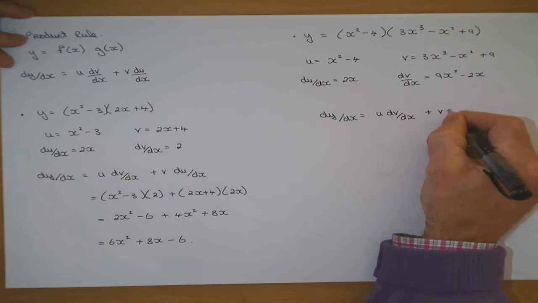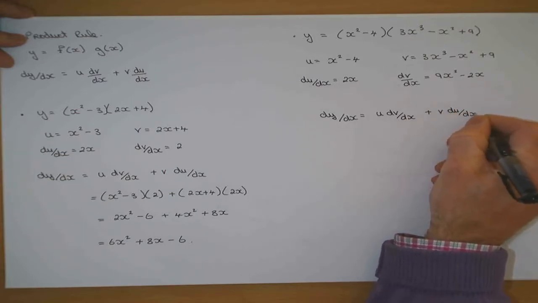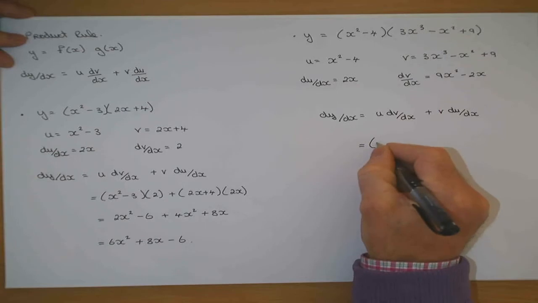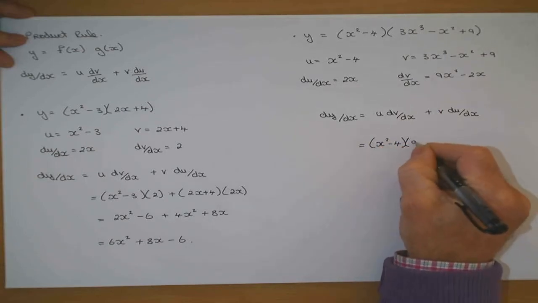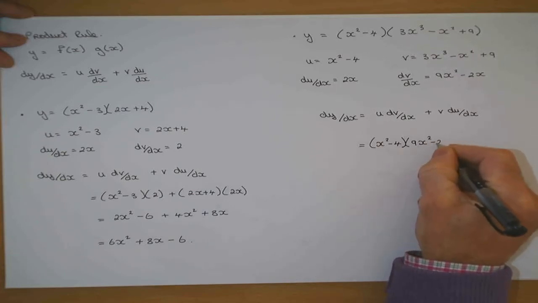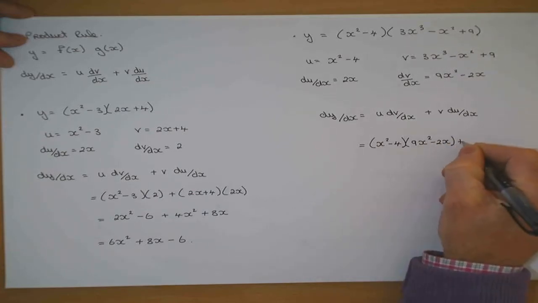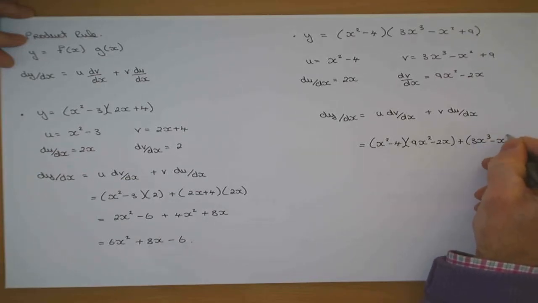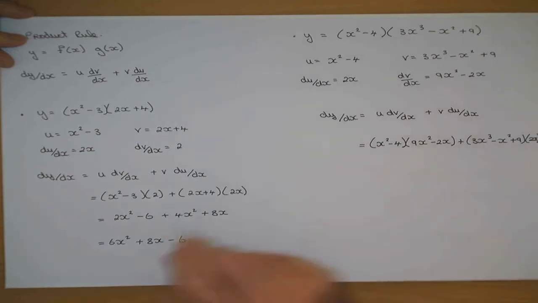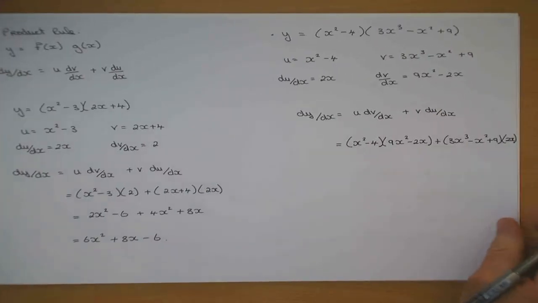plus v du/dx, which is equal to u, (x squared minus 4), times dv/dx, (9x squared minus 2x), plus v, (3x cubed minus x squared plus 9), times 2x.